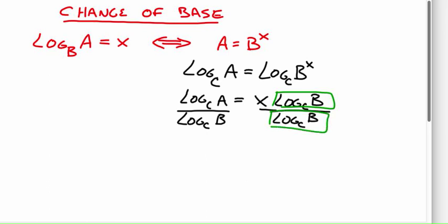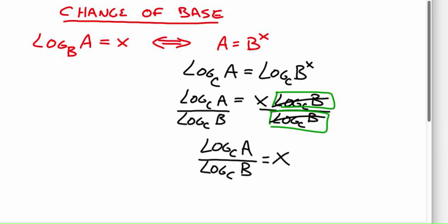And since we've got x times log base c of b divided by log base c of b, we know that those can cancel out. We're left with just log base c of a over log base c of b, and that's equal to our x. So we know that we've got this equivalent statement. This thing is the same as what we had up above.